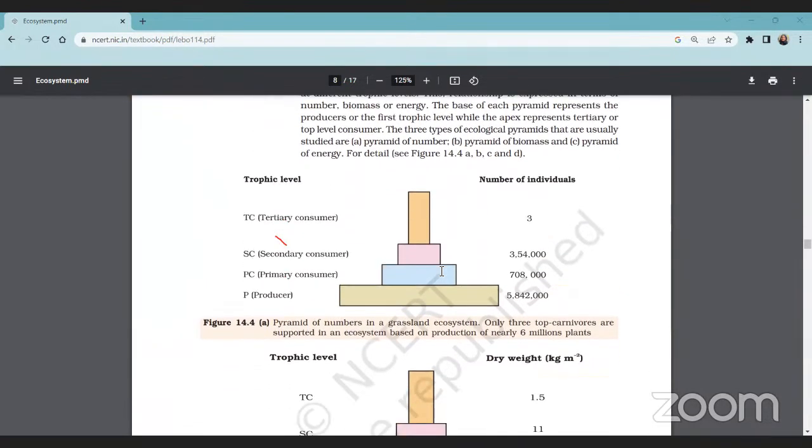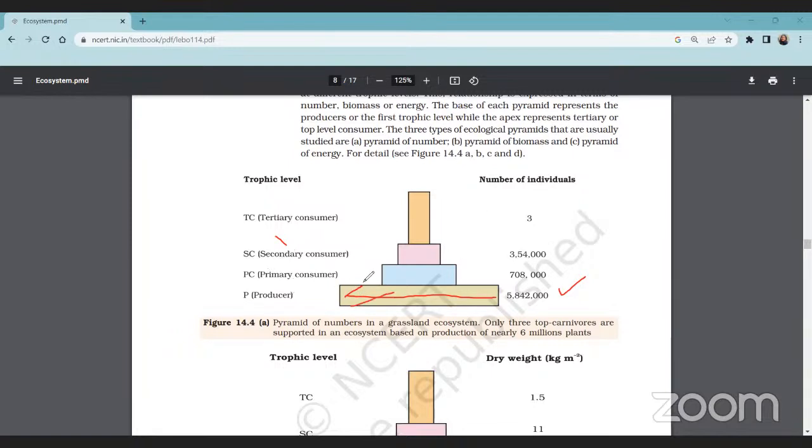In the first one, the producers, the green plants, occupy more place and are more in number. Here 58 lakhs of producers are present, so they take more place.